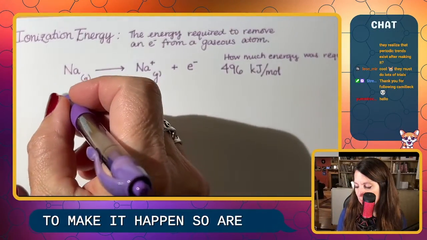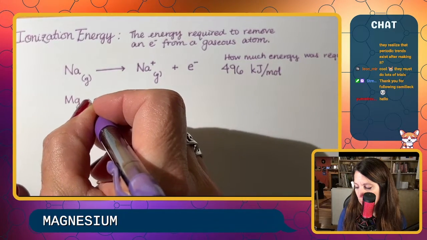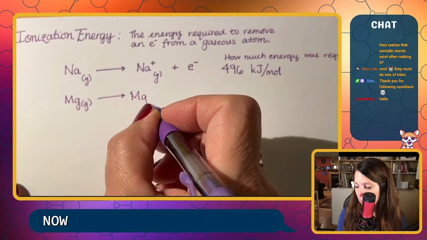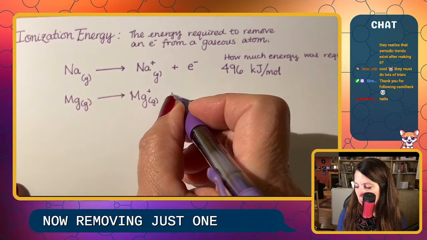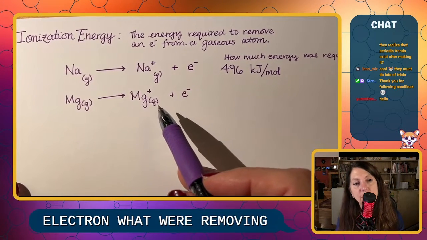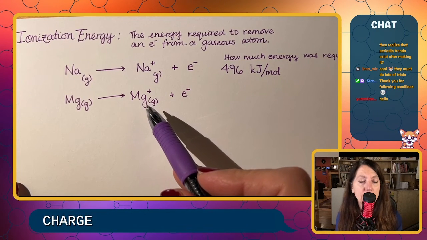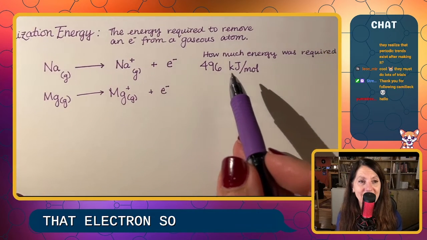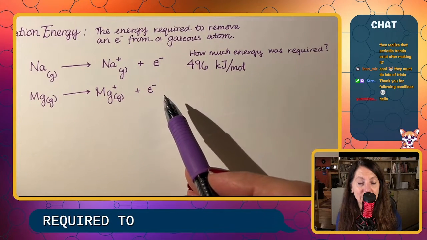So our magnesium, same thing. We are now removing just one electron, but we're removing it from an atom that has a stronger effective nuclear charge, a stronger hold on that electron. So now, how much energy was required to make that happen?